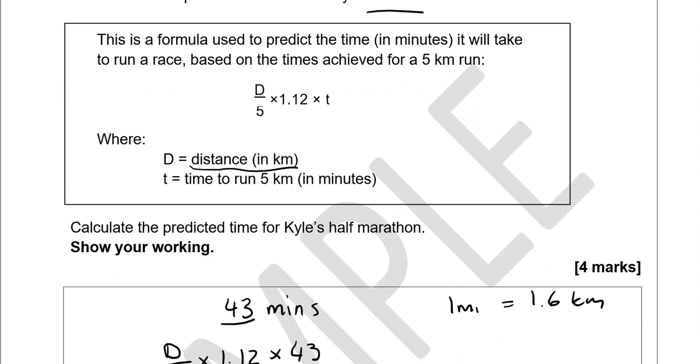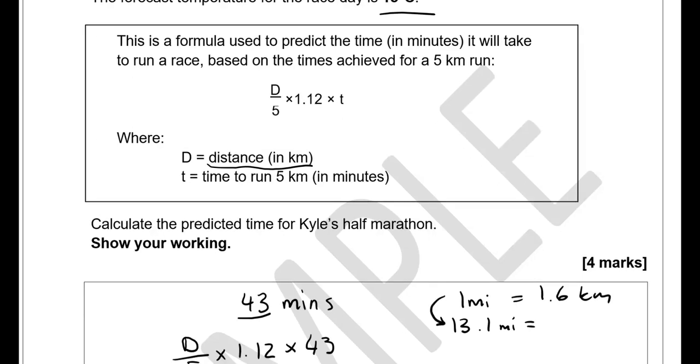So to get from 1 to 13.1, we multiply by 13.1. So we'll do the same on the other side, which gives us 20.96 kilometers.